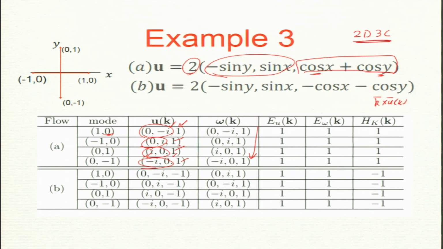Now I will delete all this stuff. What do you see for this example? This A example is here, and B example I will mention a bit later, but just focus on this first one. Omega and u are exactly the same. Now, this is strange, right? Omega is the curl of u, so how can omega be the same as u?